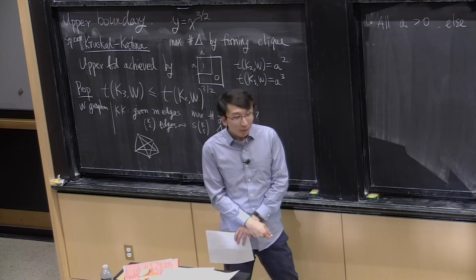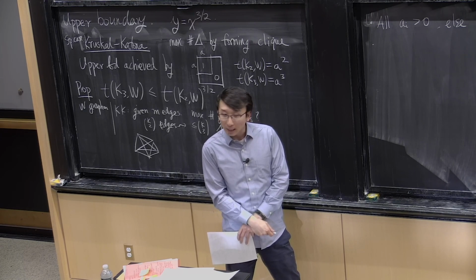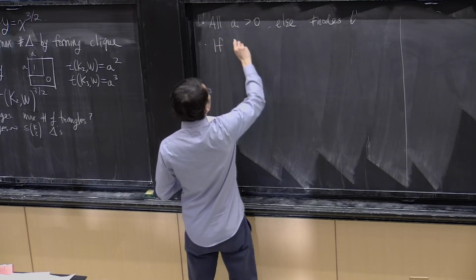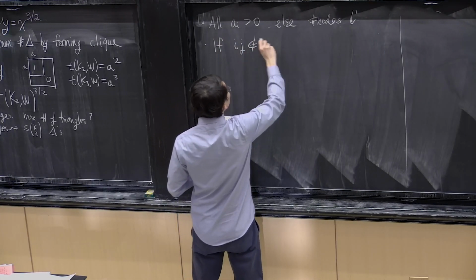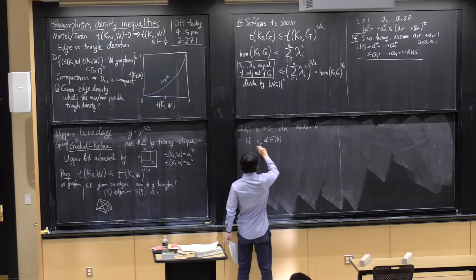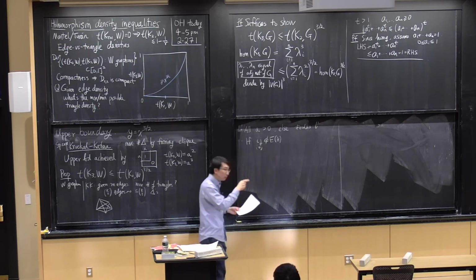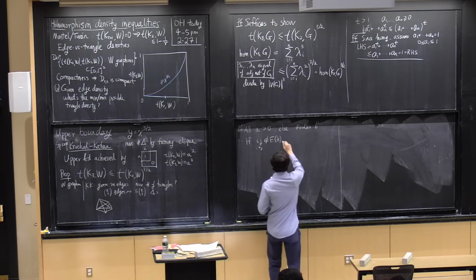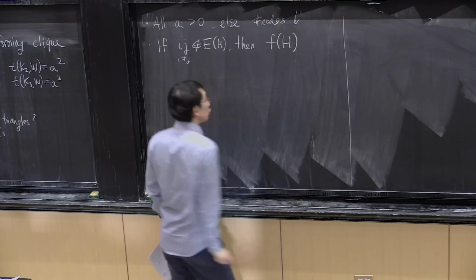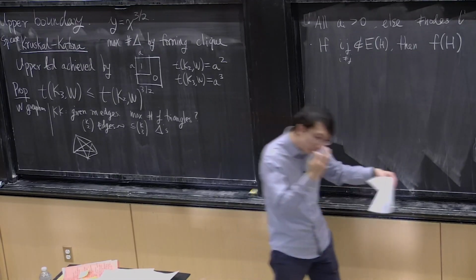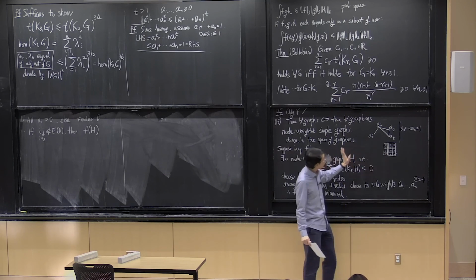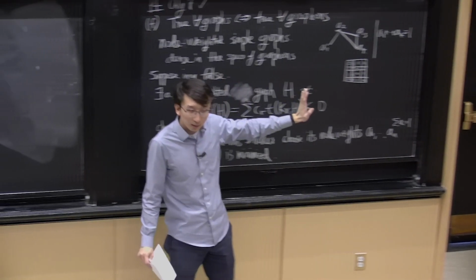I would like to claim that H must be a complete graph, because if some ij is not an edge of H, where i is different from j, I don't allow loops, H is simple, then let's think about what this expression f of H should be. I don't want to write this down, but imagine in your head, you have this graph H and I'm looking at the clique density.